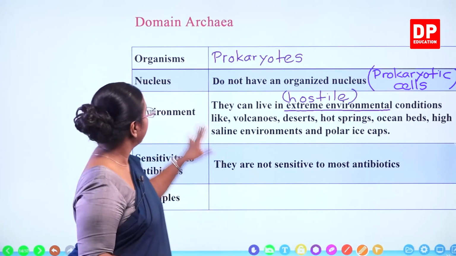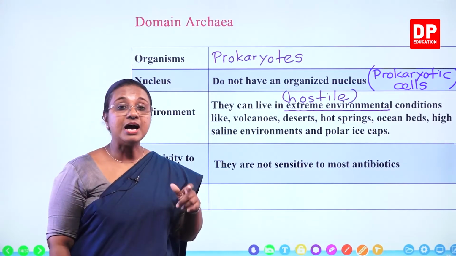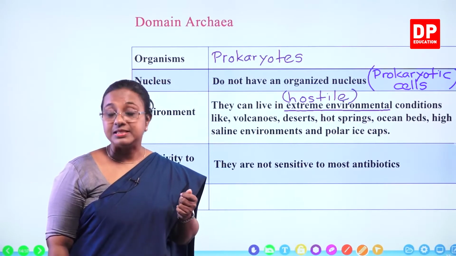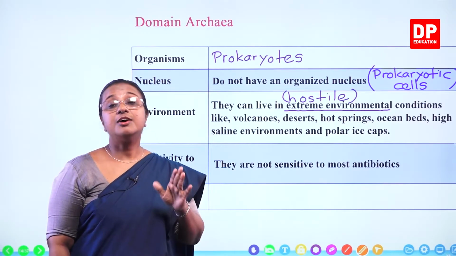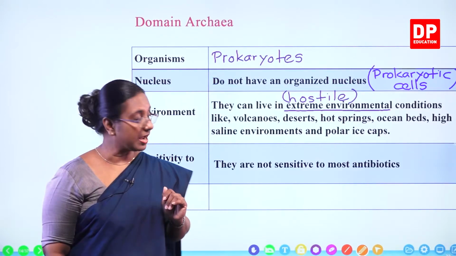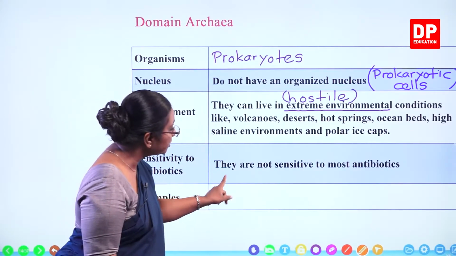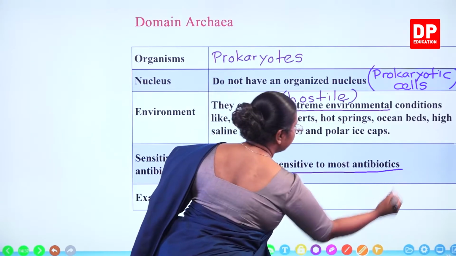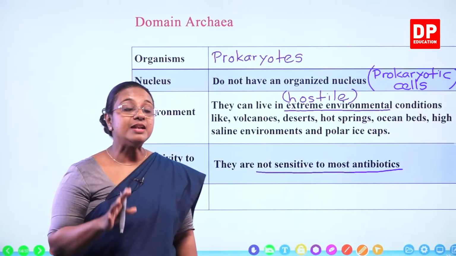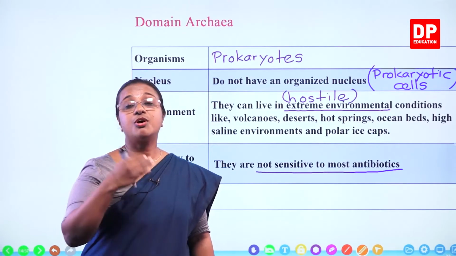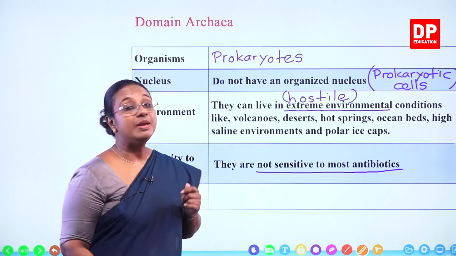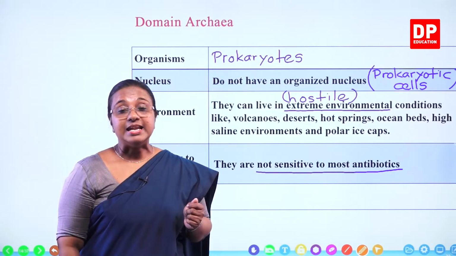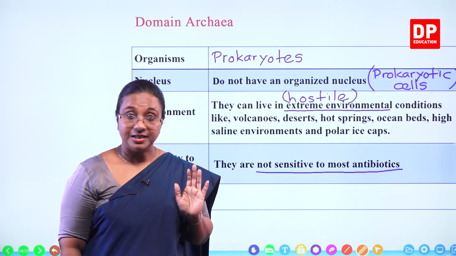But as I told you, Domain Archaea includes organisms known as halophiles and methanogens. They are not sensitive to most antibiotics. That means you cannot destroy or sabotage the Domain Archaea organisms by using antibiotics. That is the meaning.